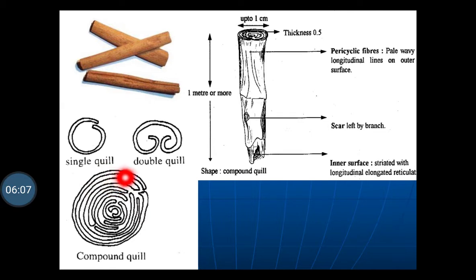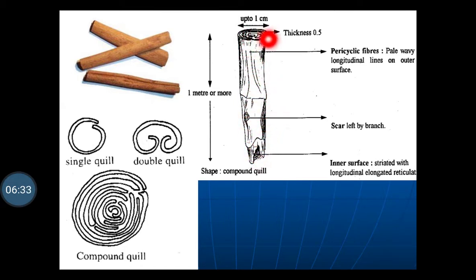In this case, the larger quill has a smaller quill placed in it, and again a smaller one, so the quills are placed one inside another, and they are called compound quills. The length is 1 meter or more. Shape is a compound quill.